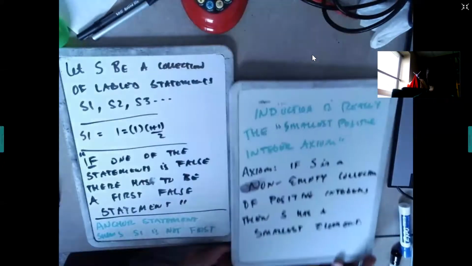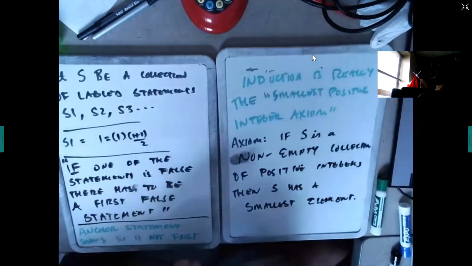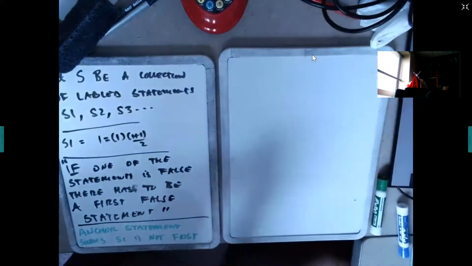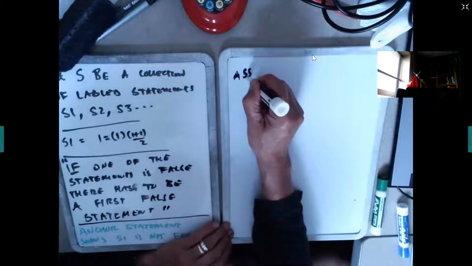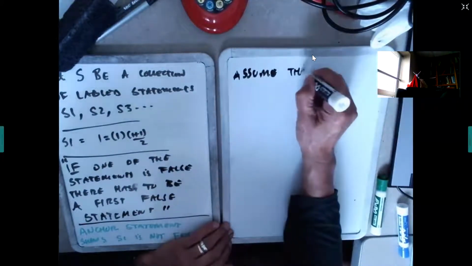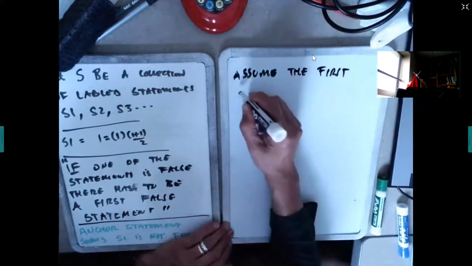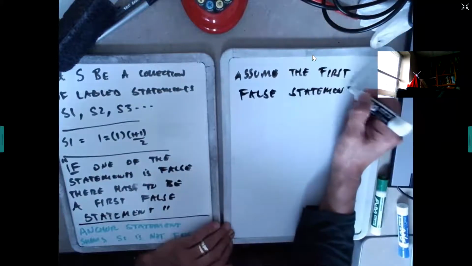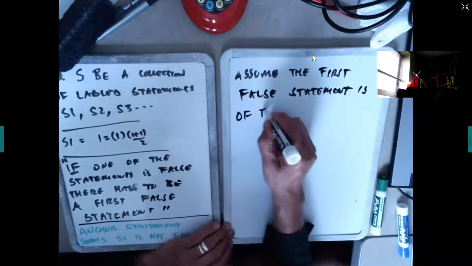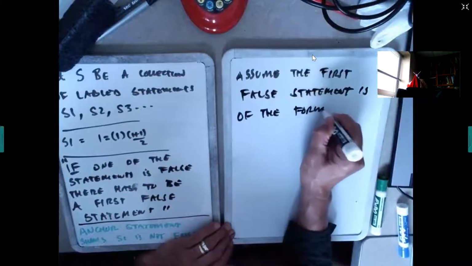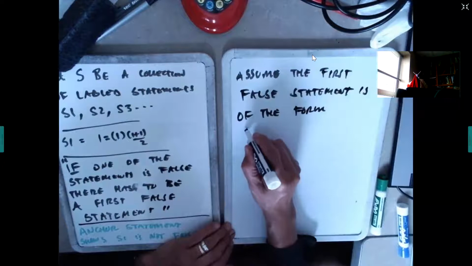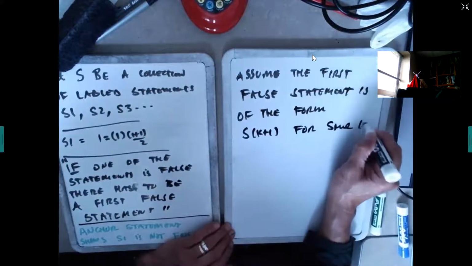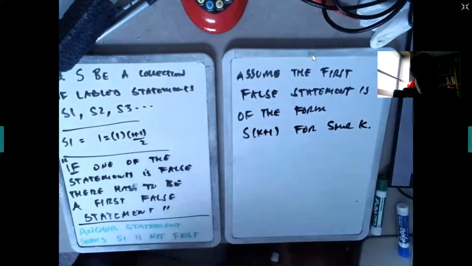Then what happens next is you say, all right, because you proved the anchor statement, this means we can assume the first false statement is of the form S of k plus 1 for some k. And this might be 2 or whatever.